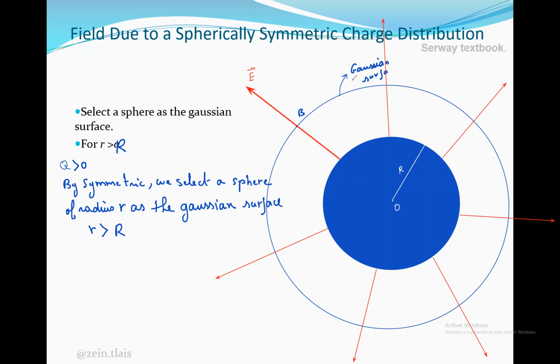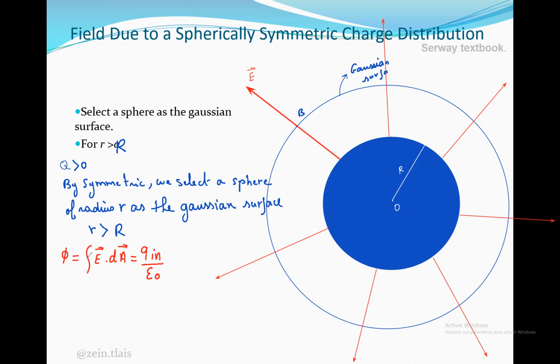You know that the general equation of the flux by using Gauss's law equals the integral of E dot dA equals Qn divided by epsilon 0.